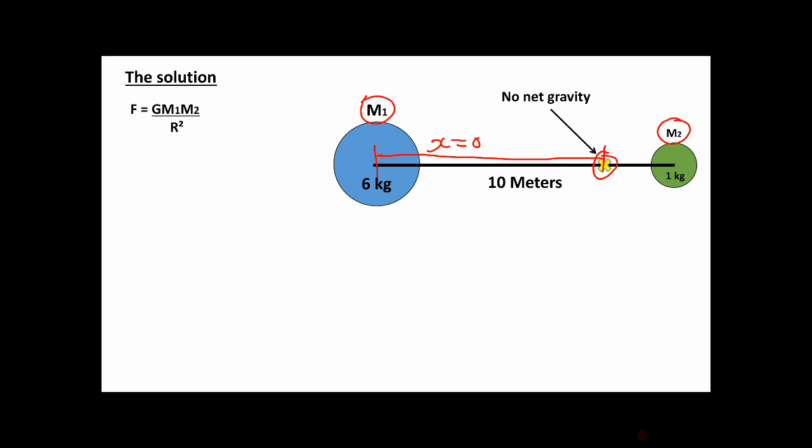which is the force is equal to big G times m1 times m2 divided by r squared.